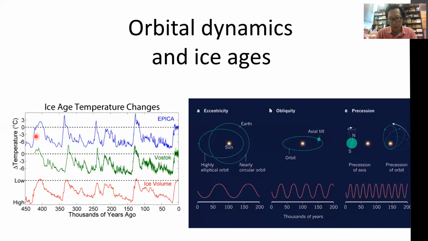Now we have other shorter term signals like the obliquity of the Earth, which is the tilt of the Earth. That matters because the tilt actually controls seasons, and because the Earth is asymmetric in terms of where the continents are, and the continents control where the terrestrial life is, and how much ice you can form, reflecting energy back to the surface.